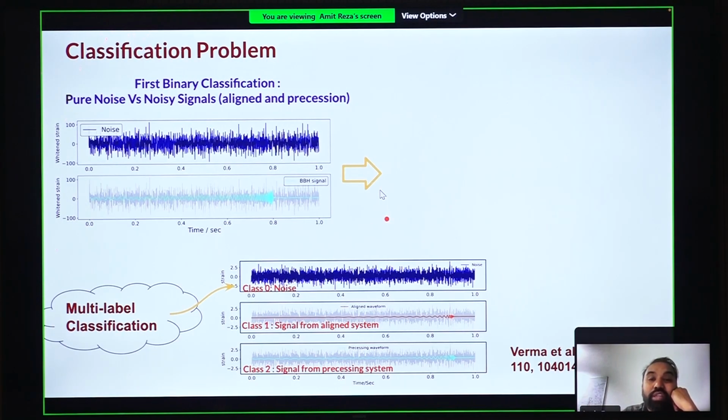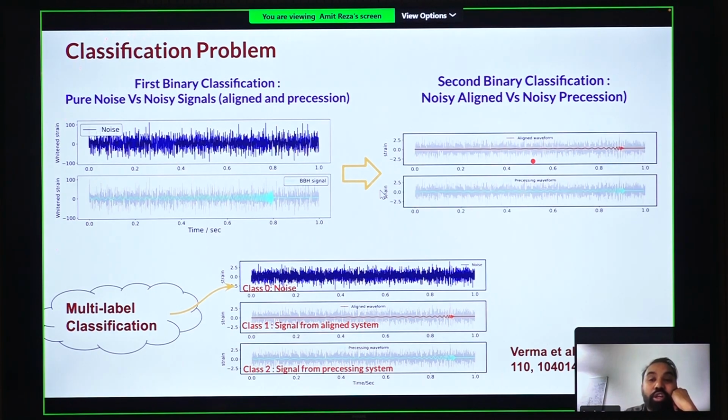Once this model is trained, we have another binary classification that classifies between the noisy aligned and the noisy precessing signals, which is another machine learning model.